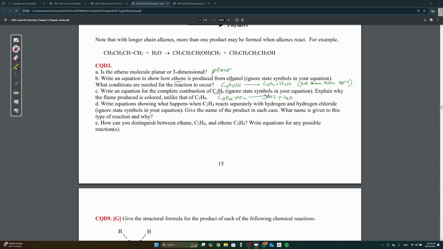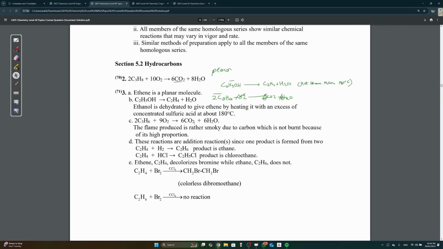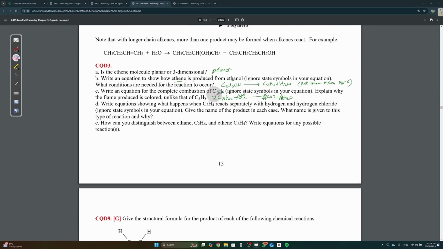You put the 3 here for carbon, and 6 hydrogens gives 3 waters, so you have 6 plus 3, which is 9 oxygen atoms. So you can put 9 over 2, then multiply everything by 2. This cancels. You're going to have 6 here, 6 here. So it should be 2, 9, 6, 6. Let's take a look. Yeah, 2966. That's just the balancing.